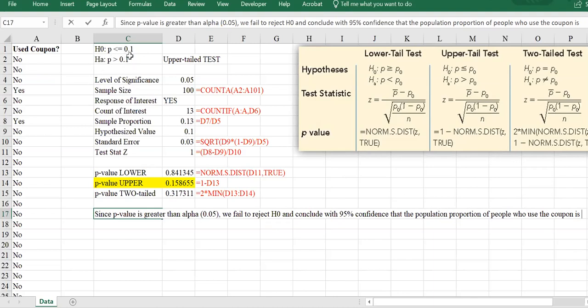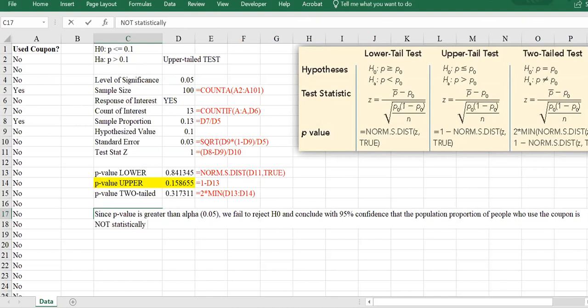So we cannot reject the null hypothesis. So it's not statistically greater than. It might be, but given this sample, we couldn't find enough evidence to support that. We may need to take a larger sample, for example. It's not statistically greater than 10% or 0.10.